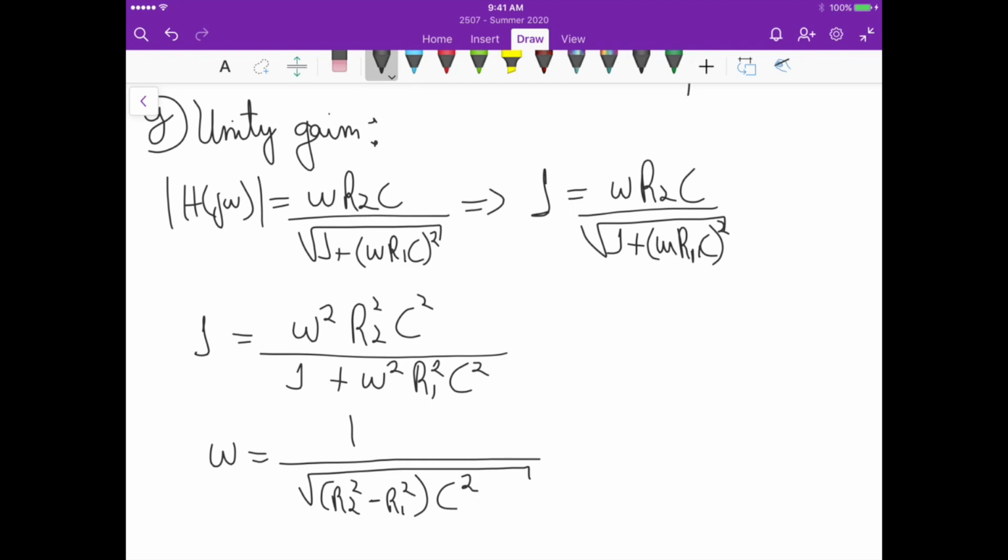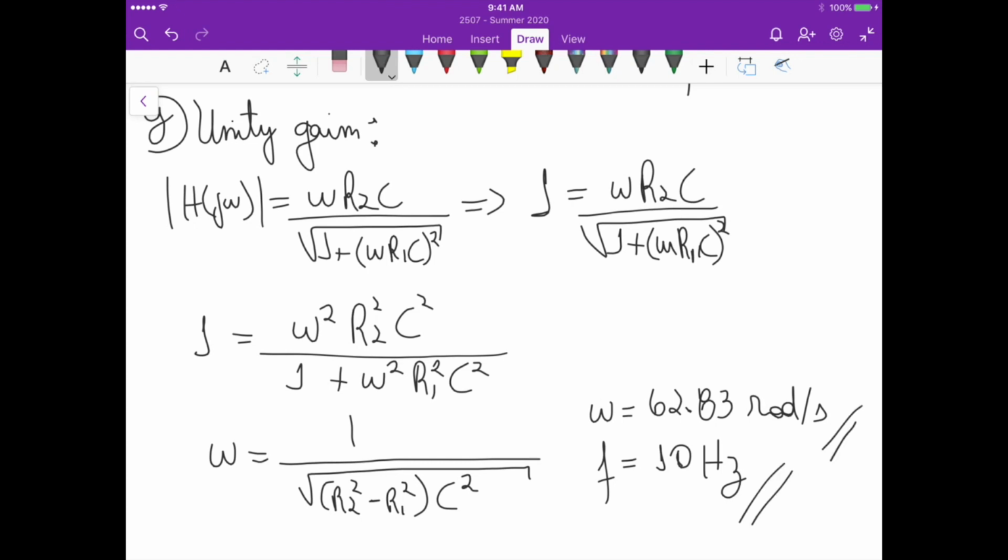Okay, which in our case gives us omega of 62.83 radians per second and a frequency of 10 hertz. Okay, and for the last part, we just have to plot the Bode plot.